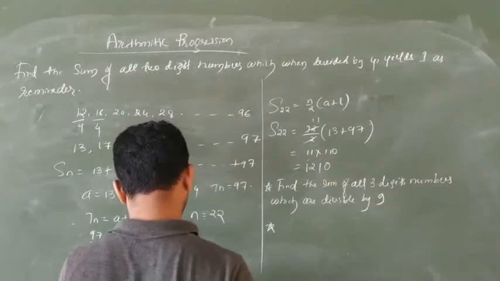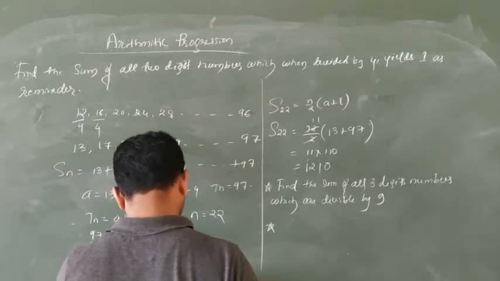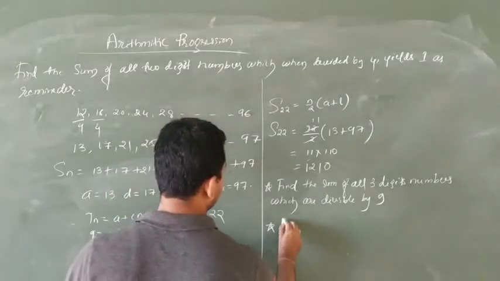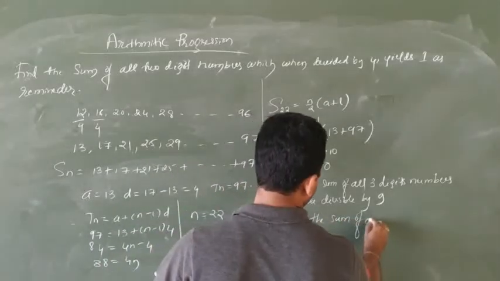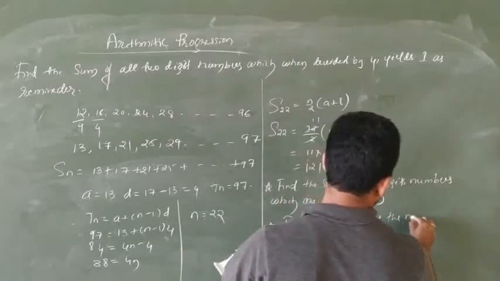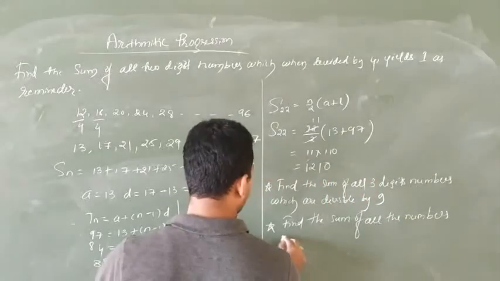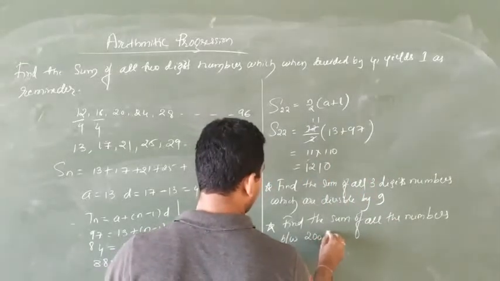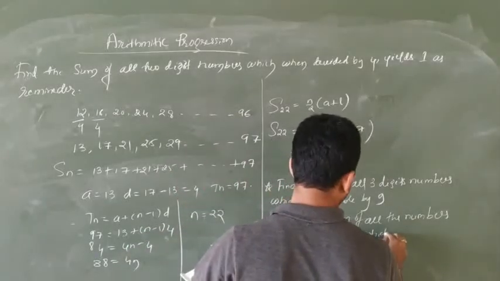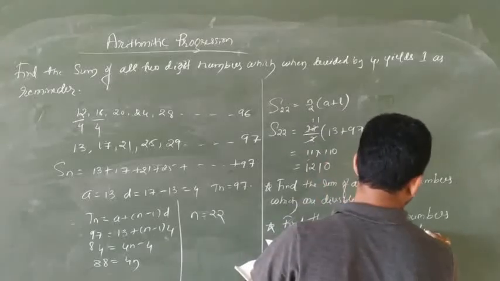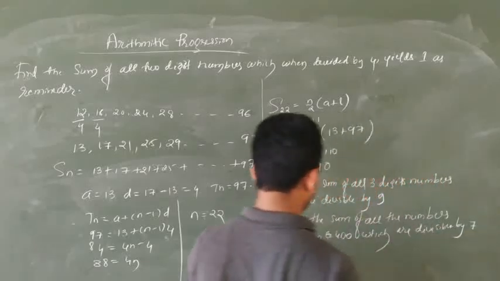The next one: find the sum of all the numbers between 200 and 400 which are divisible by 7.